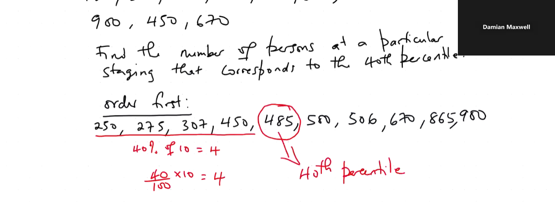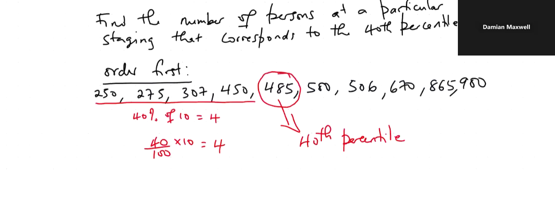Now, quickly, we're going to look at interpretation of quartiles. When you have quartiles, you can think of it as, let's say we have a box here, and we split it into 4 quarters.